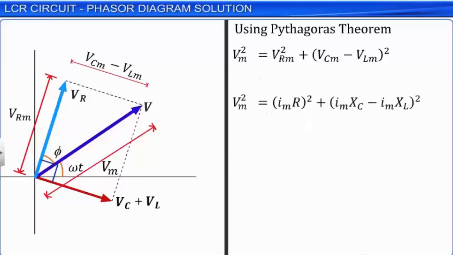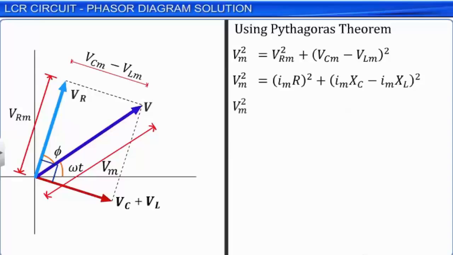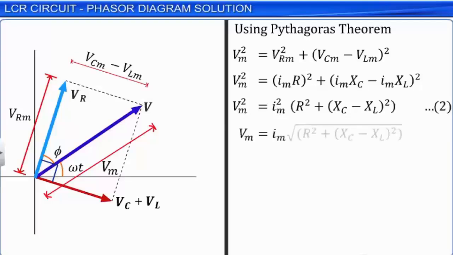Vm square is equal to Im square into R square plus Xc minus XL square. Let this be equation 2. Or we have Vm equal to Im into under root R square plus Xc minus XL square.